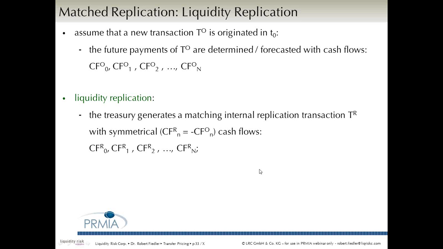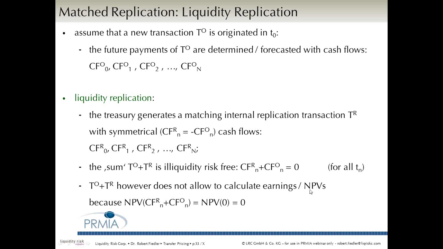It's just negative cash flows of the originated transaction. The sum of this is the illiquidity risk view. The problem is we cannot calculate earnings or PVs, NPVs, or whatever out of that, because these two cash flow streams just net out and their NPV is zero.